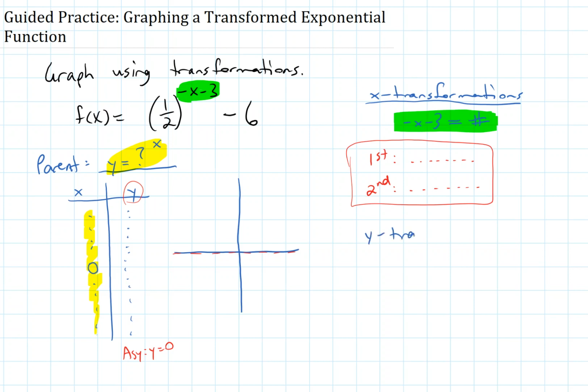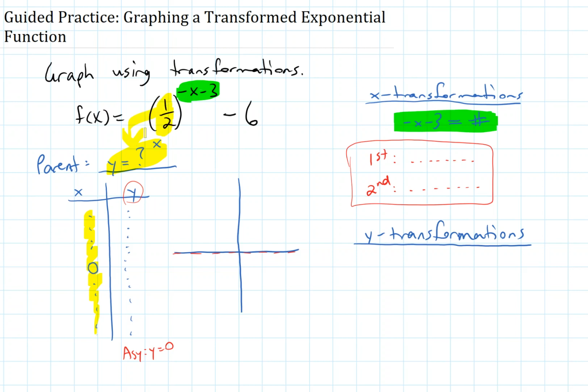Now let's look at the y transformations. The y transformations happen outside of the parent. And make sure you understand that the 1/2 is part of your parent function. That's going to be down here. Let me actually highlight that in yellow. The 1/2 is going to be part of the parent function.